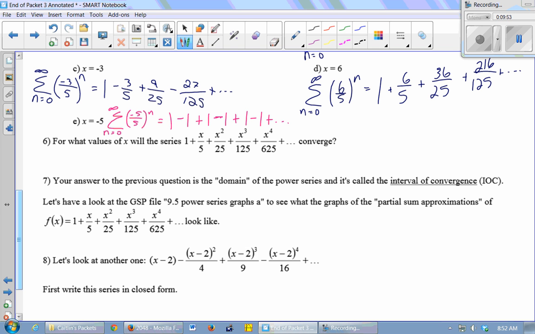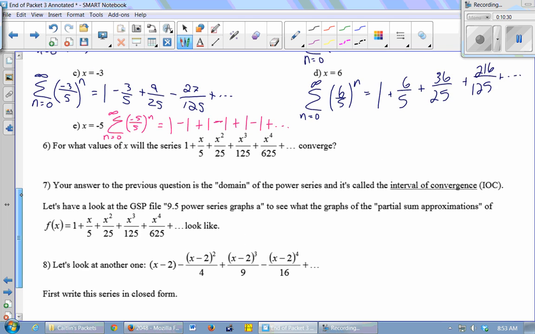Does that converge? The terms don't approach 0. The test for divergence says it does not converge. You might be tempted to say that it goes to 0 because the 1s and the -1s will always cancel, but the sequence of partial sums is what we use to determine convergence. My sequence of partial sums is going to be 1, 0, 1, 0, 1, 0, and that sequence does not have a limit, so it doesn't converge.